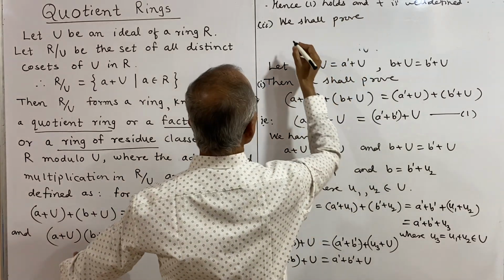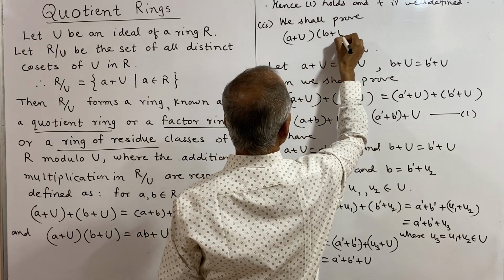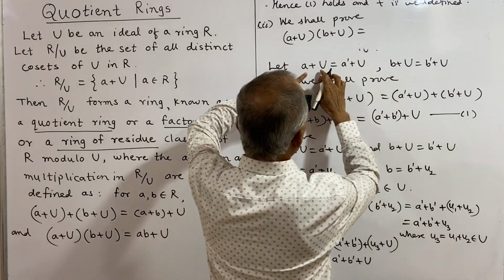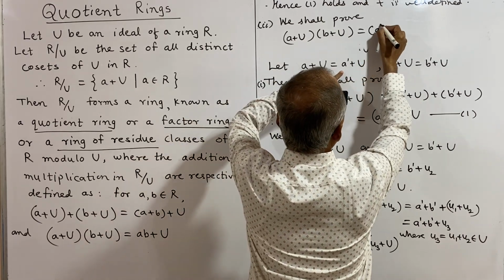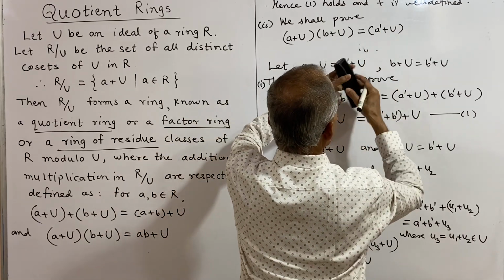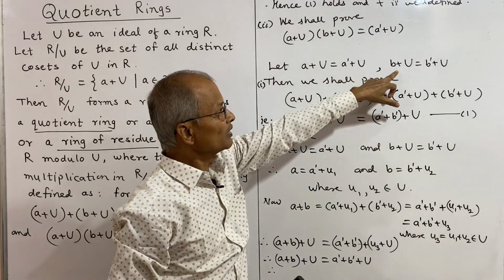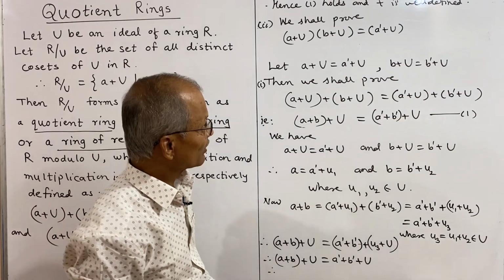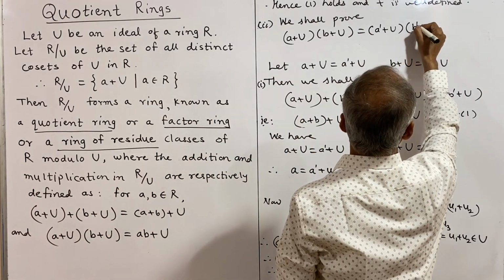That means we shall prove a plus u into b plus u is equal to a dash plus u into b dash plus u. For multiplication to be well defined, the product of these two is equal to the product of the elements which are equal to the corresponding elements.